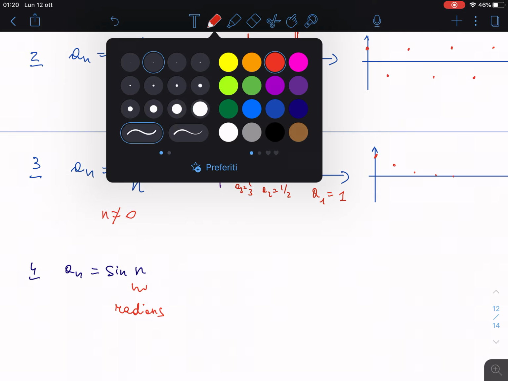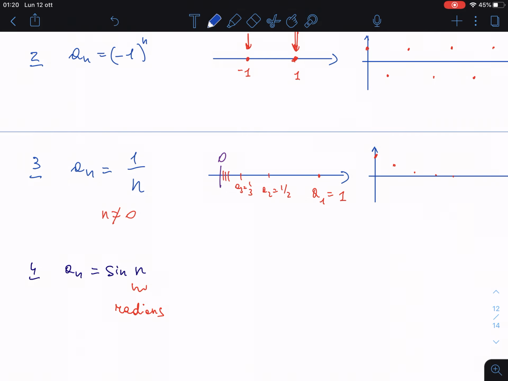Okay, with degrees it would be much different and much simpler. With radians, it is quite complicated, because what happens here is that here you have 0, here you have -1, here 1. Of course, the whole sequence falls between -1 and 1 because it is a sine.